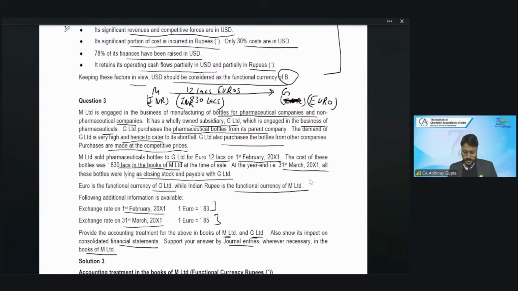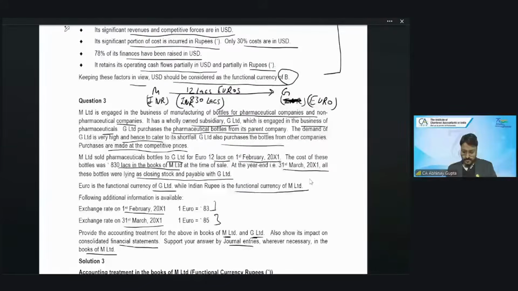Hold on. What is the entry for recording of this 24 lakhs? First, we will record it in G Limited.